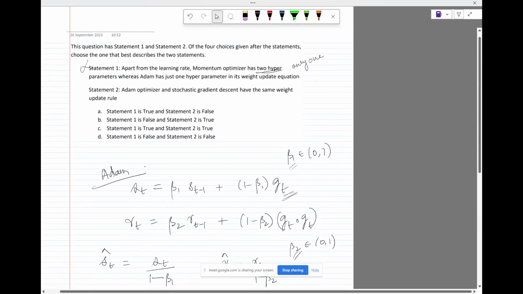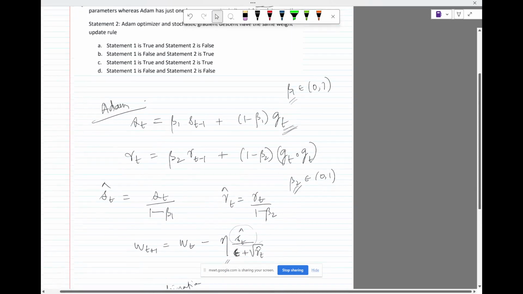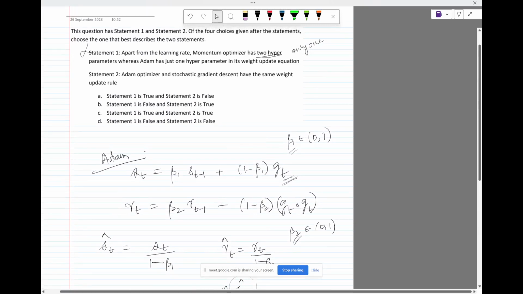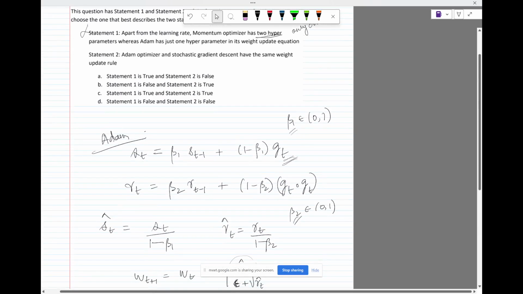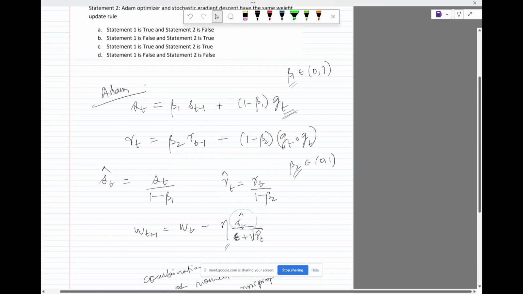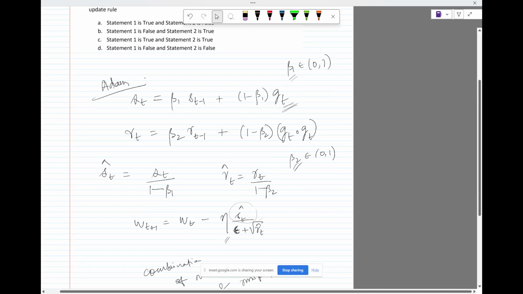I think we haven't come across the RMS prop question yet. This weight update seems a little more involved, where you are accumulating the gradient from the previous one.